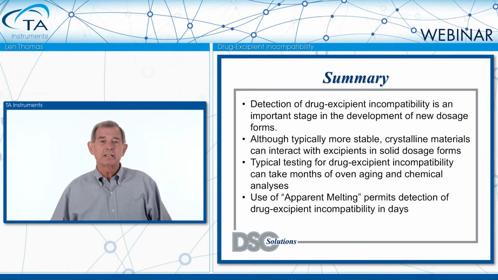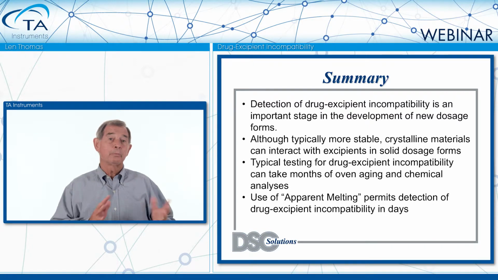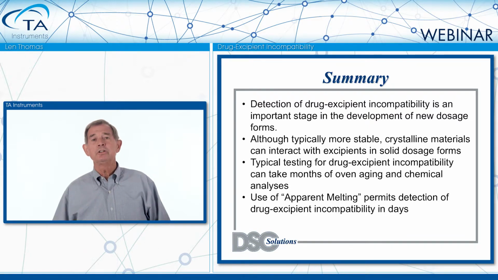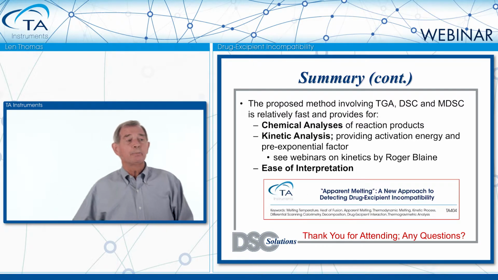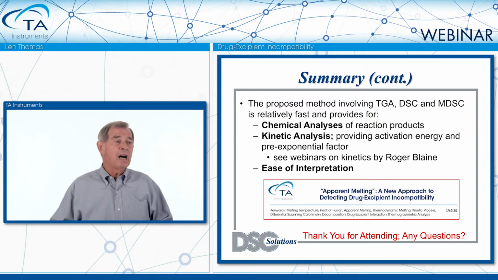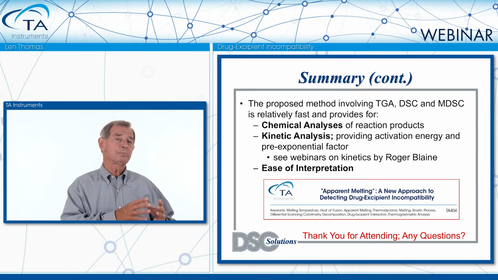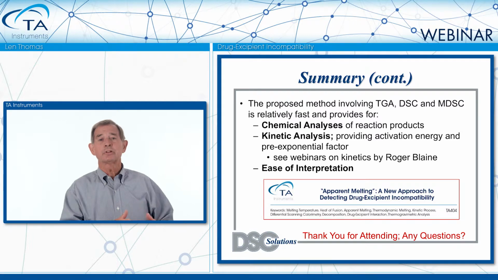The technique here that we based on apparent melting allows us to greatly reduce this time to determine if there's drug-excipient interaction occurring. The proposed method is based on TGA, DSC, and MDSC, as you saw. And not only is it relatively fast, but it gives us the potential for doing the chemical analysis.